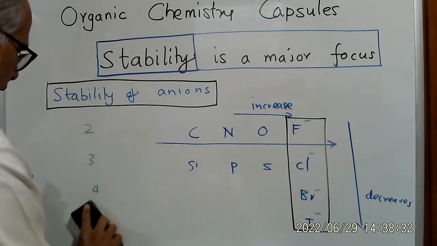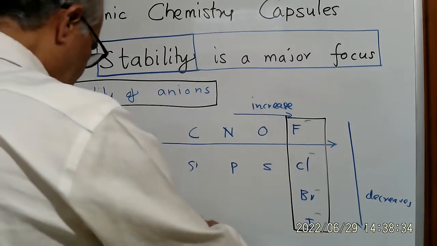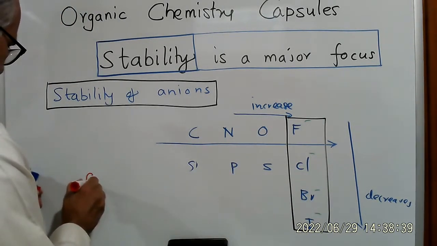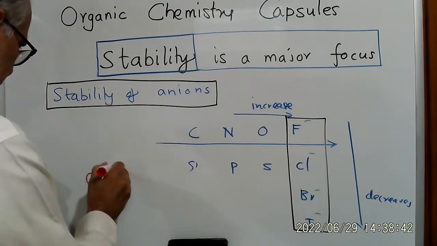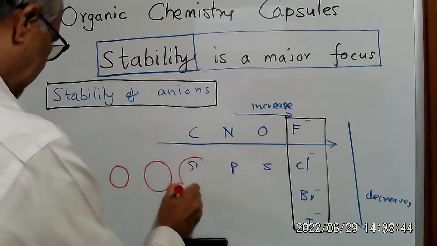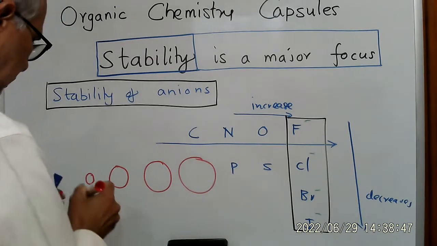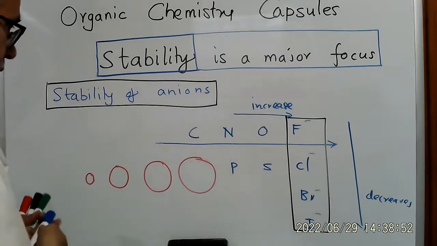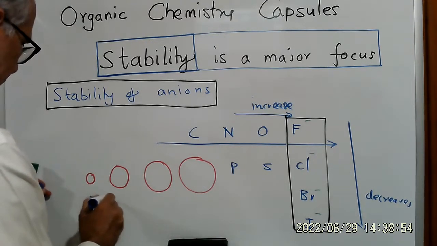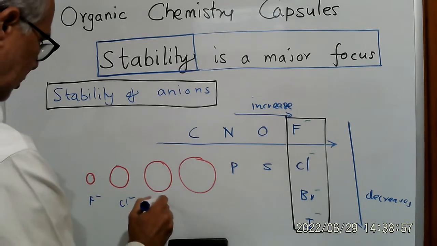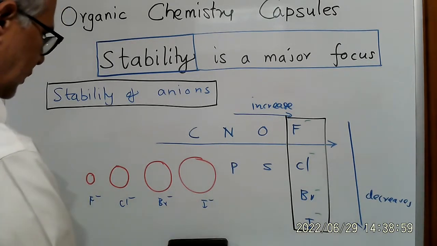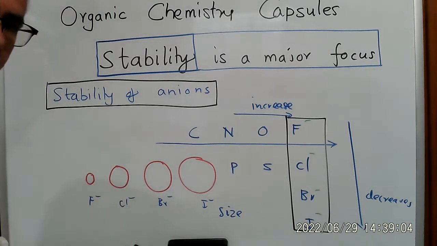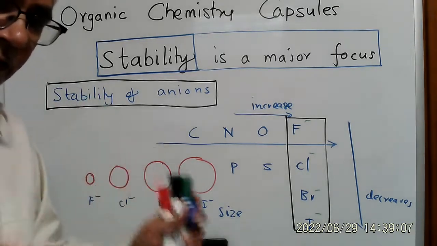If we just draw some, random, not to scale, fluoride, chloride, bromide, iodide. As the atomic size increases, the ion size will also increase. So you see the size of the ion is increasing.